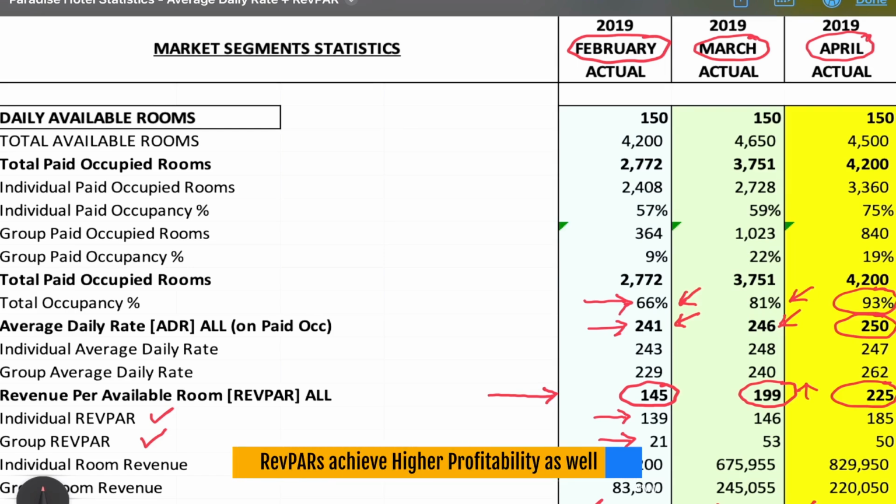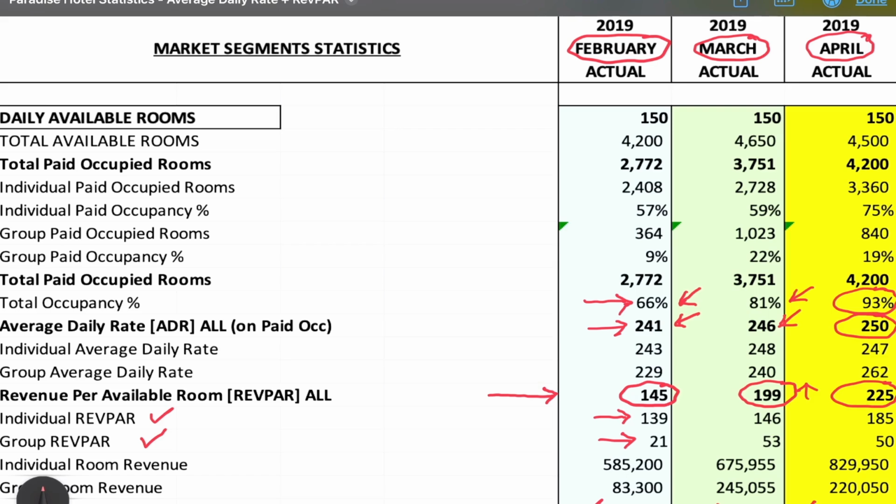In a later video on another financial term, we will see how the profitability of the rooms division is enhanced through a clear RevPAR strategy.